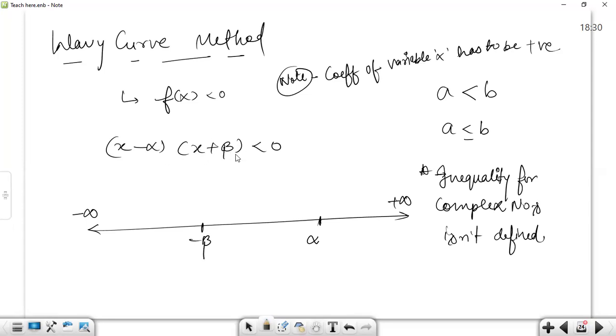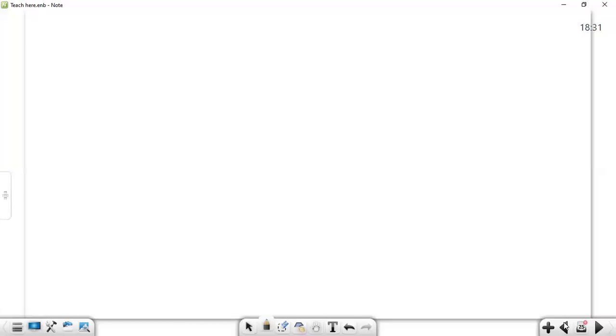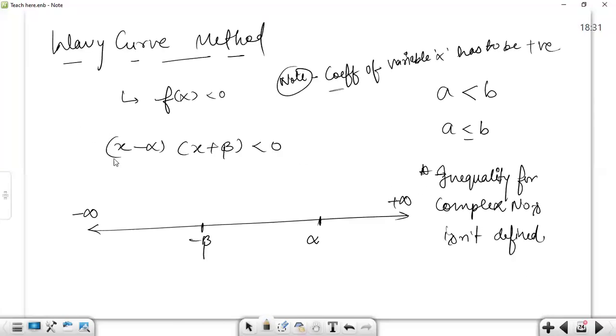Is the coefficient of x positive? Yes, sir, it's positive only. It means 1x, right? So yes, positive. 1x here also. So if it is positive, then simply go to the rightmost part.